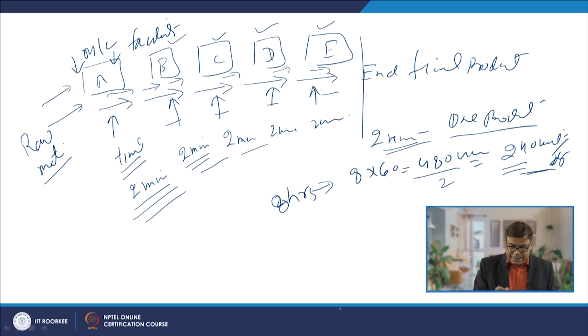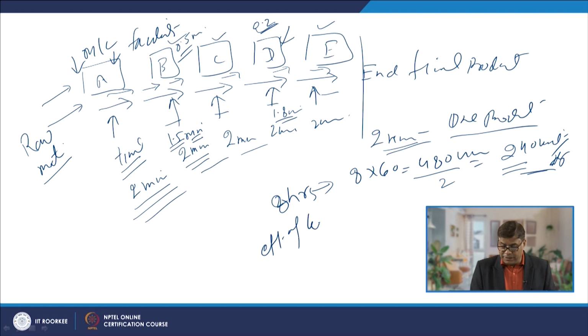If, let us say, the time consumed at one station is 1.5 minutes only, and at another it is 1.8 minutes only, then station D will be idle for 0.2 minutes and station B will be idle for 0.5 minutes. So, this idle time will reduce the efficiency of the line which has been developed.